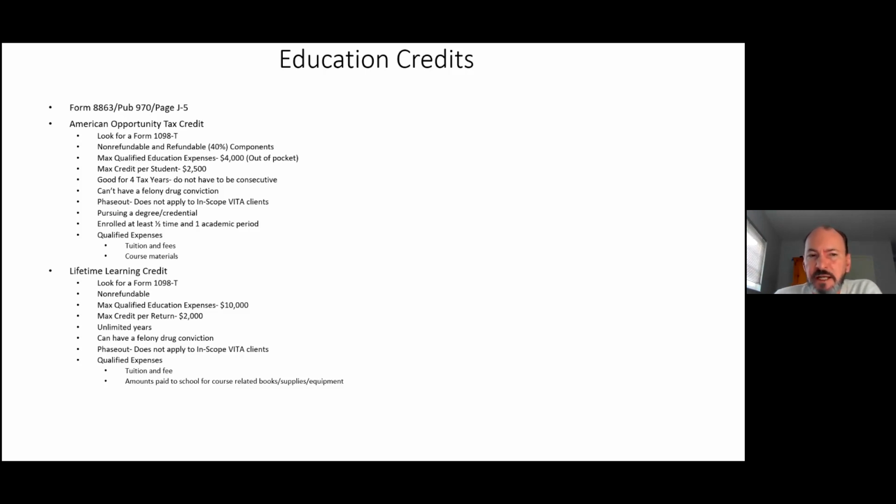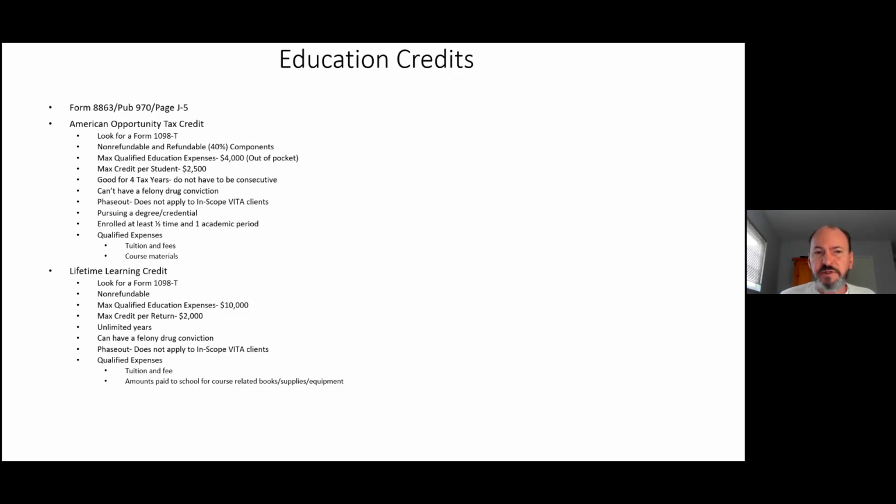And then a lot of credits, a lot of things phase out. The intent behind that is Congress says, if you're making lots of money, you don't need these credits, or you don't need all of these credits, because a lot of them are geared toward low and moderate income taxpayers. So if you're making $800,000 or $900,000 a year, again, you're going to be phased out of a lot of things.